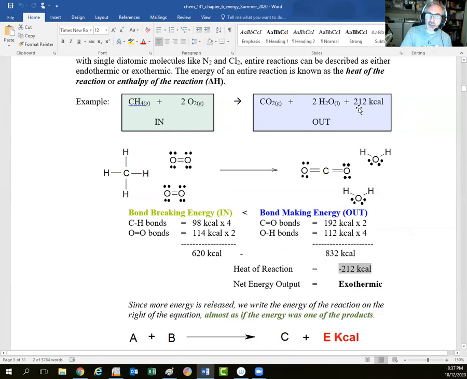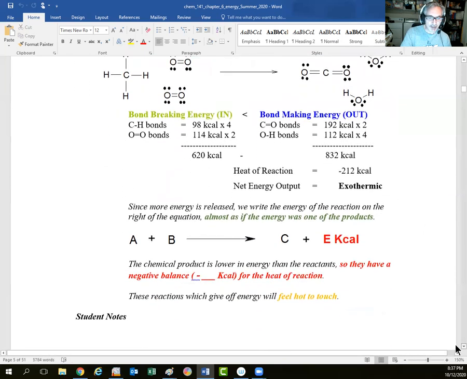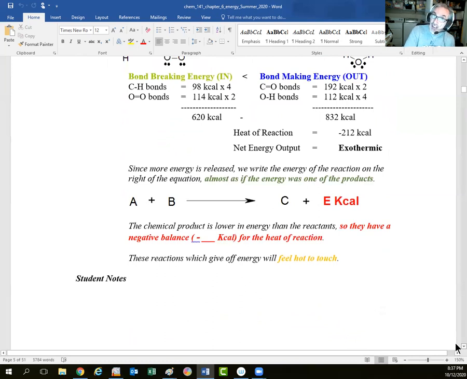So there's this much more energy coming out than ever went into the reaction. Of course, if you were holding that reaction in a test tube in your hand and the energy has been given out, then that reaction would feel hot to the touch.